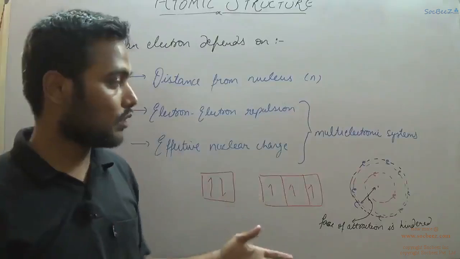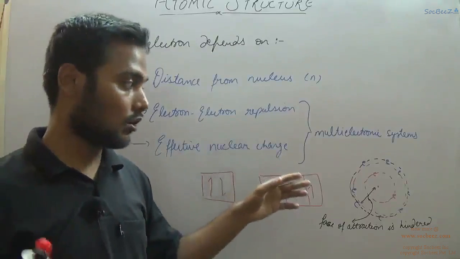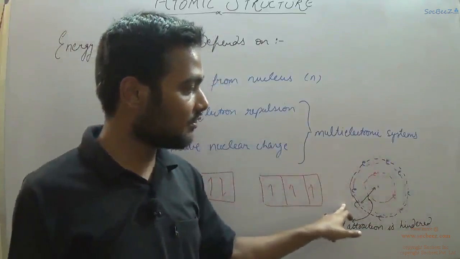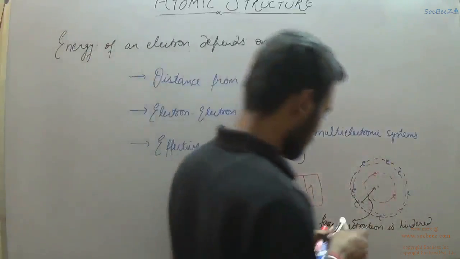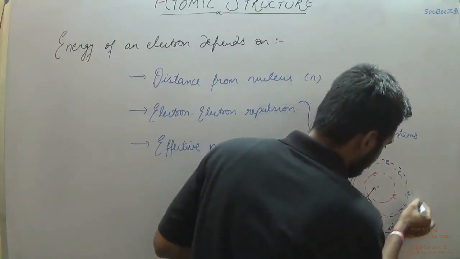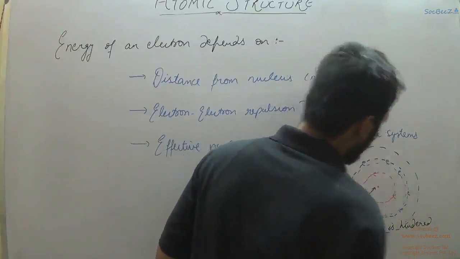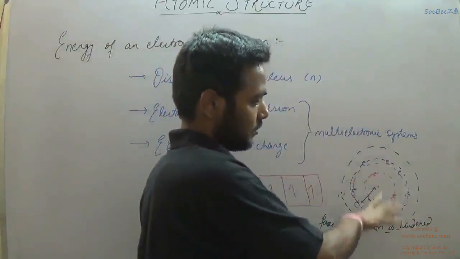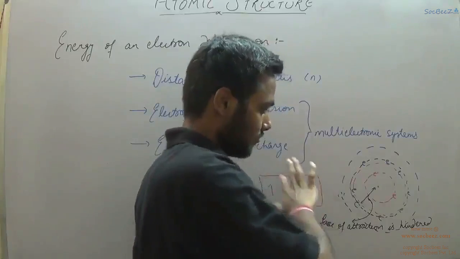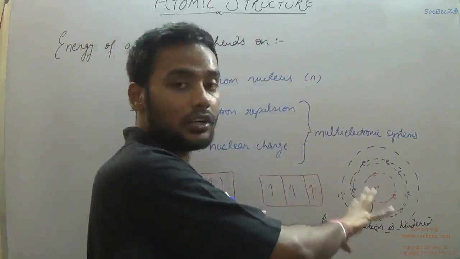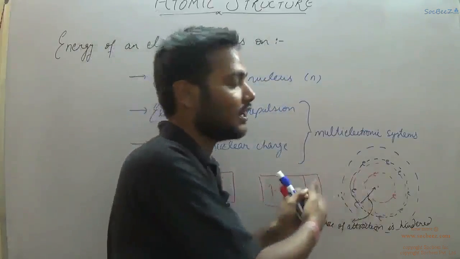Furthermore, if you consider the 3s electrons, it is again facing hindrance here. If we consider this 3s orbital, it is again facing hindrance because of 10 electrons. In total, before 3s orbitals, 10 electrons are already there, so it is also facing hindrance.